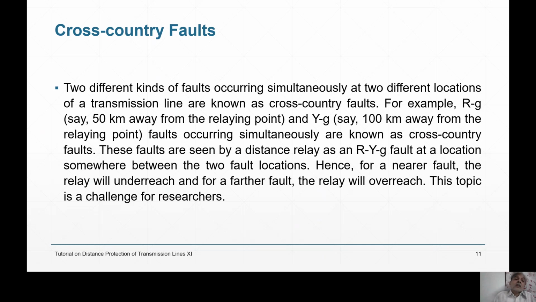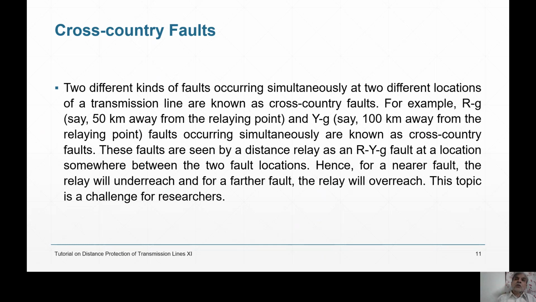At 80 kilometers on the first line, a double line fault, RY, occurs. And in the other line, at 60 kilometers, that means 160 kilometers from the relay, a YG fault occurs. So the relay sees that as an RYG fault.